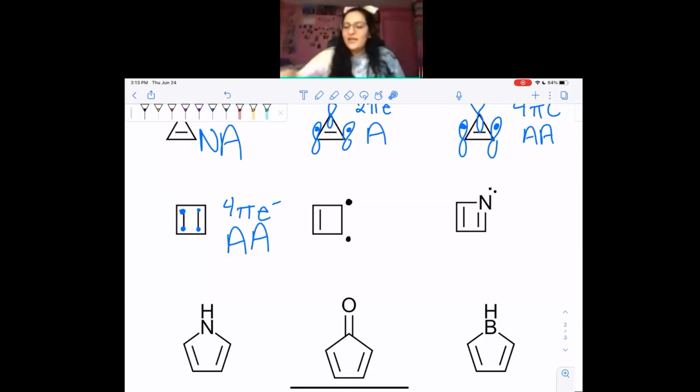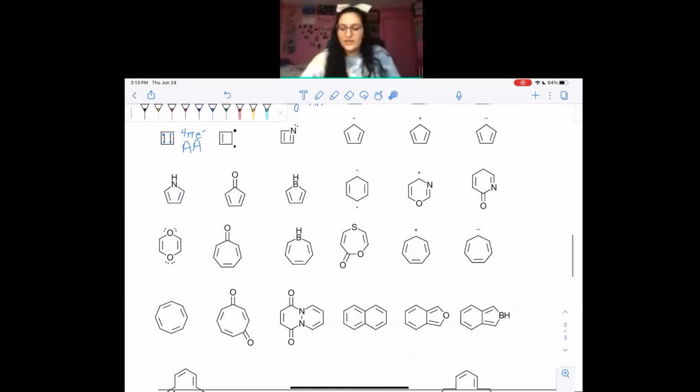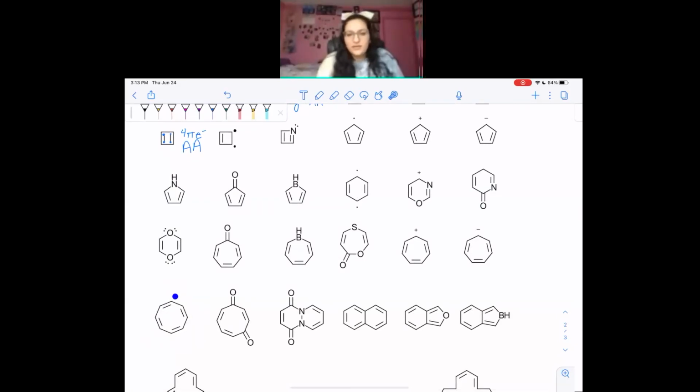So what I was saying is, this is what an 8-membered ring looks like. So if it's this size or bigger, you have to look at special rules. We'll talk about it in a little bit. But if it's anything smaller than this, you automatically just assume planar if it's fully conjugated.